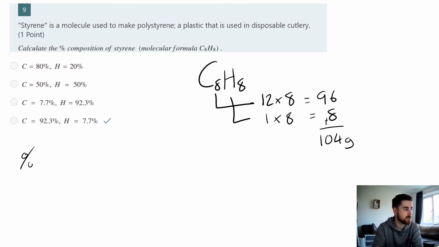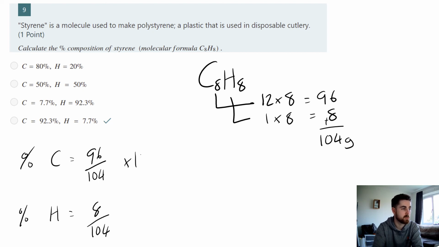So the percentage of carbon is the mass of carbon in the compound divided by the GFM, so that's 96 divided by 104, and then the percentage of hydrogen is the mass of hydrogen in the compound, which is 8 divided by the GFM, which is 104. Multiply both those numbers by 100. So you get 92.3% and 7.7%. So the answer there is D.